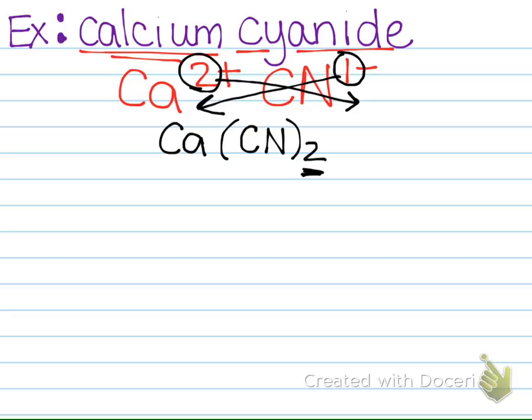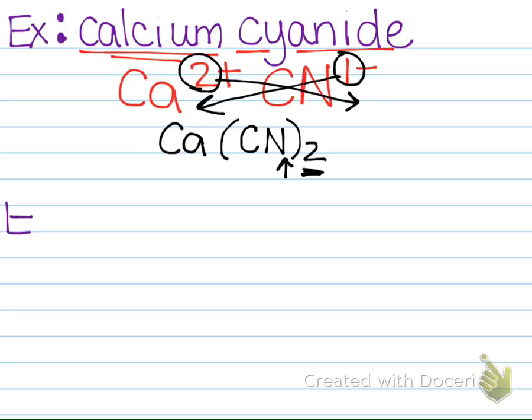The other reason is, this is not a great example of it, but if let's say that nitrogen had a number after it, you don't want to put 2 numbers right next to each other. So those would be some reasons why. You only use the parentheses though if you're crossing down a number that is greater than a 1.